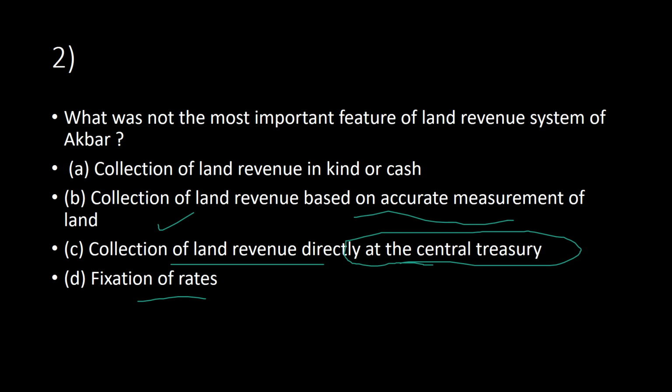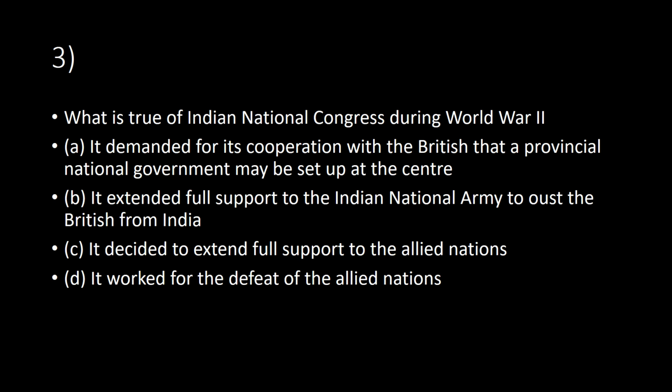This was the most distinguishing feature of Akbar's land revenue system. Next, which is true of the Indian National Congress during World War II? The first option: they demanded, for their cooperation with the British, that a provisional national government be set up at the center. This sounds good. The second option is it extended full support to the Indian National Army to oust the British from India. Hmm, I don't think so.